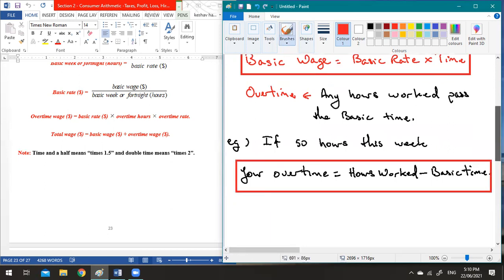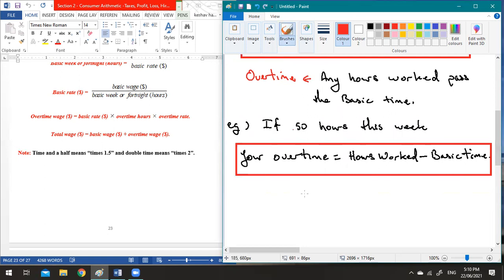Now, they have overtime rates that are usually 2 or 3. We usually use time and a half or double time.